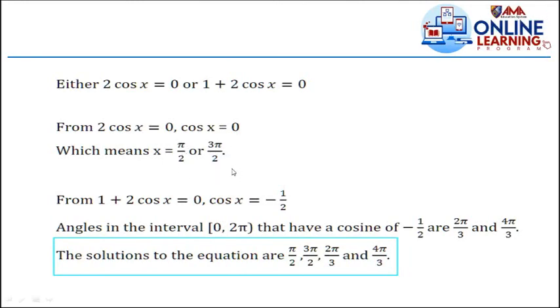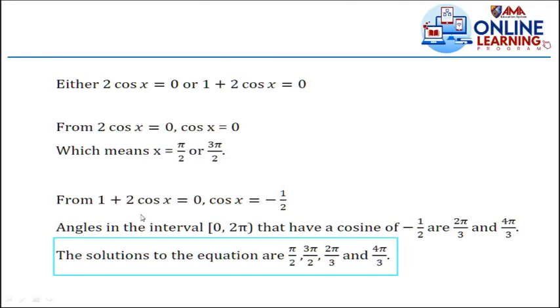If you use your calculator, cosine theta, press 0, you're going to have a value of pi all over 2 or 3 pi all over 2. This one is in the first quadrant, this one lies in the third quadrant.